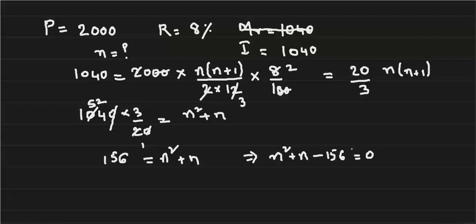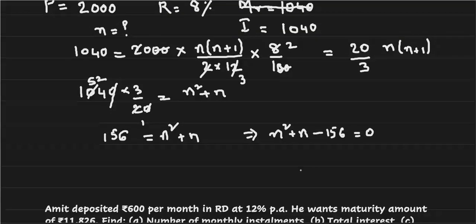So now directly we can factorize it. Factorization means if you multiply negative 156 into n square, what will you get? Negative 156n square. If you split it in a way that if you multiply these two numbers, you should get 156, and if you add, you should get 1. How will you do that? There is a number 13 into 12.